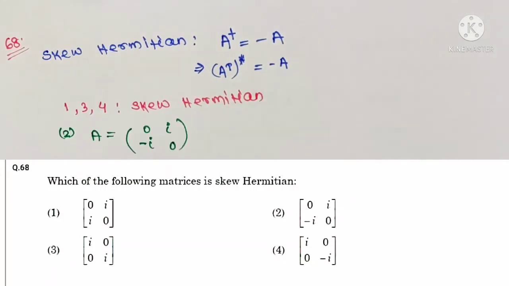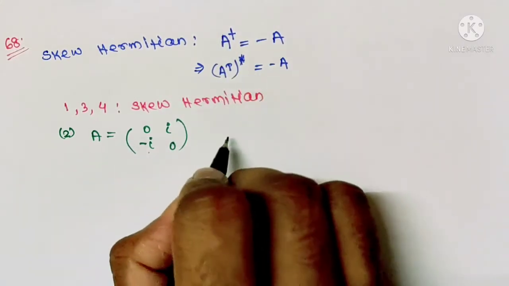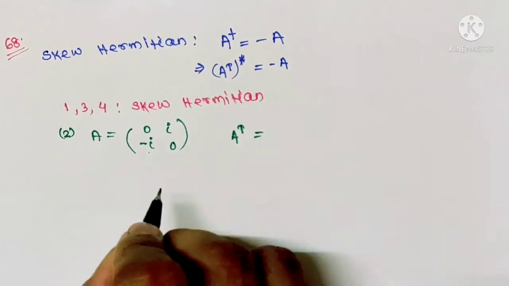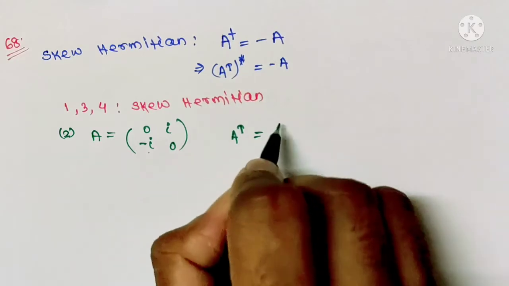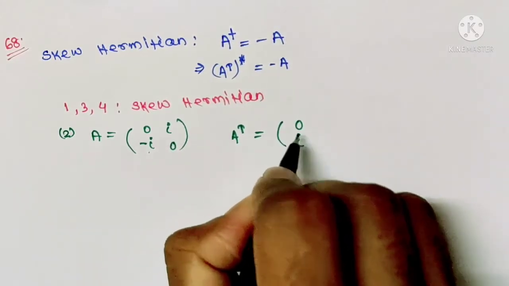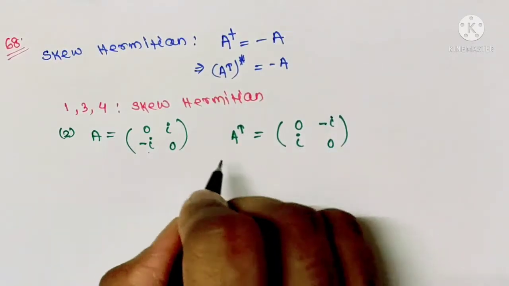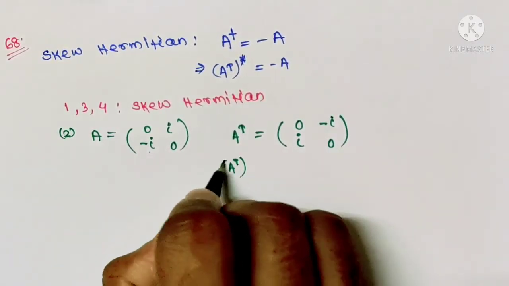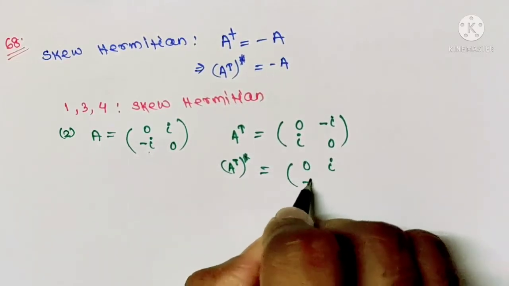The given matrix is 0 minus i 0. So let us first calculate its A dagger, that is A transpose conjugate. A transpose is obtained by interchanging rows into columns, so it will be 0 i minus i 0. Now A transpose conjugate will be 0 i minus i 0.